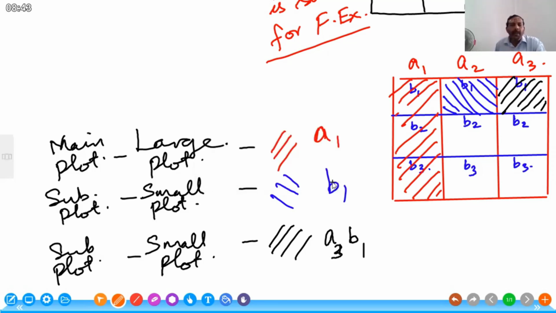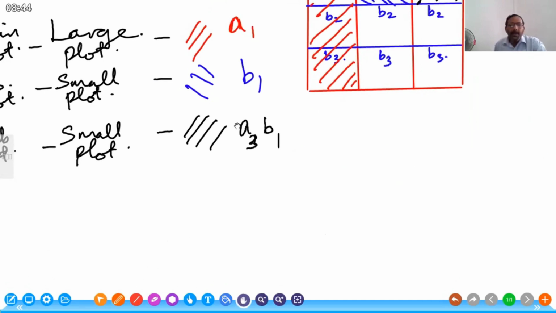One is a large plot, the other is called split plot. Only two plot sizes are there. So A is placed in main plot, B is placed in subplot. So this is the concept of split plot. We will come to this a little later. Any questions? We can do some lectures, then we will come back.